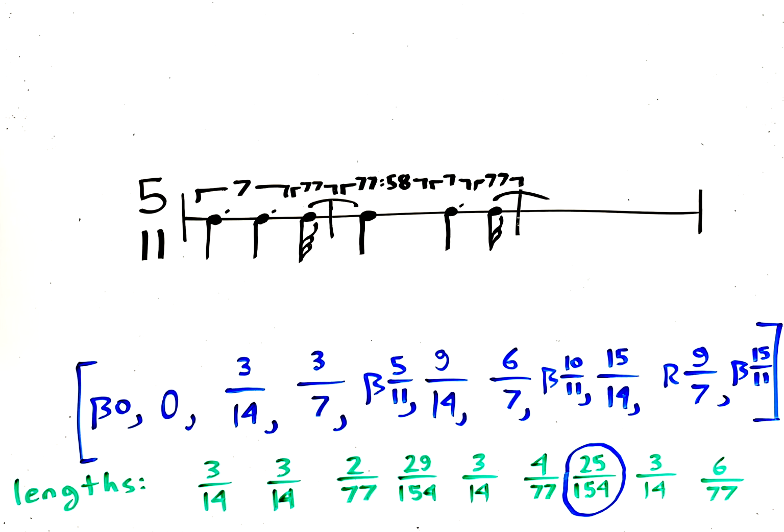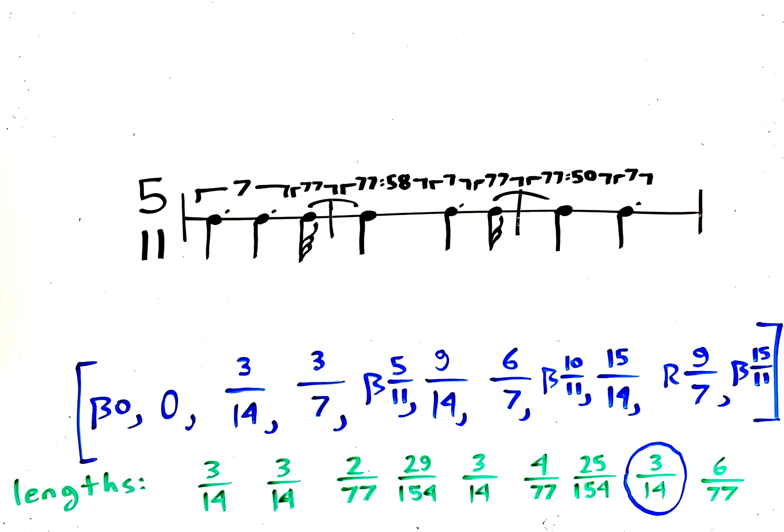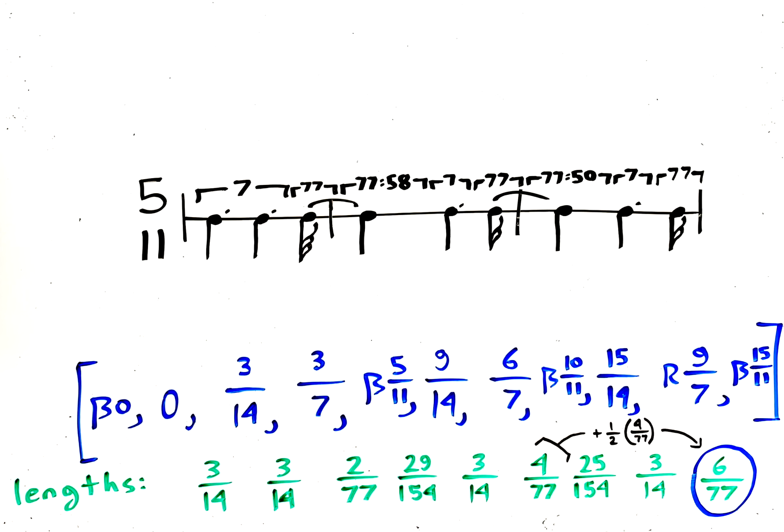For the seventh segment, we can notate a 25/154 note as a quarter note under a 77 against 50 tuplet. For the eighth segment, the changed length is 3/14 again. For the ninth segment, we realize that it is the same as the sixth segment, plus half of its value. So, we can just copy the sixth segment and add a dot to the 16th note. And since the last segment is indicated as a rest, we change the dotted 16th note to a dotted 16th rest. And there we go.